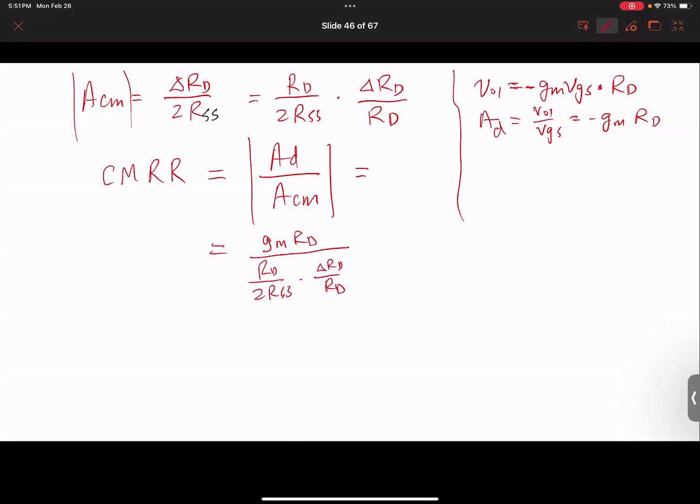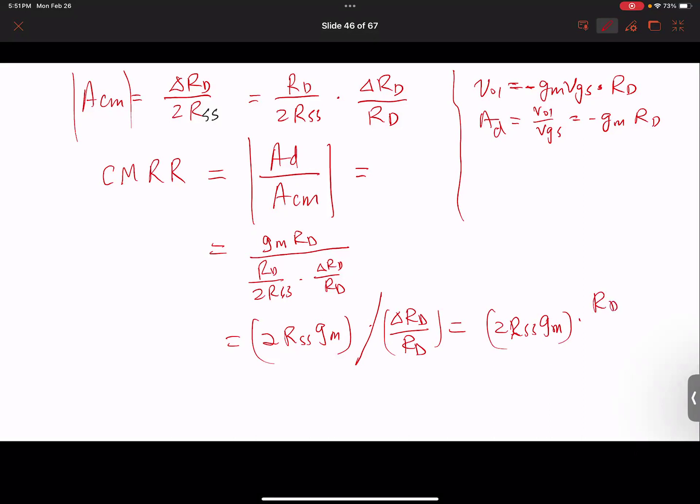So the RD will cancel, then RSS moves upwards. So you get 2 times RSS times GM divided by ΔRD over RD. So also you can write this as 2 RSS GM times RD over ΔRD.